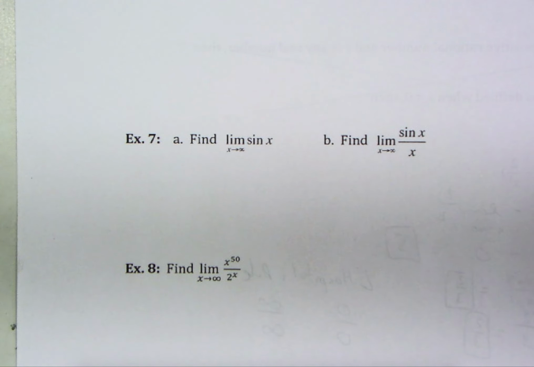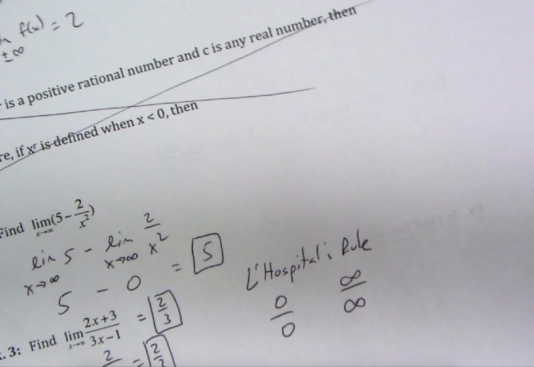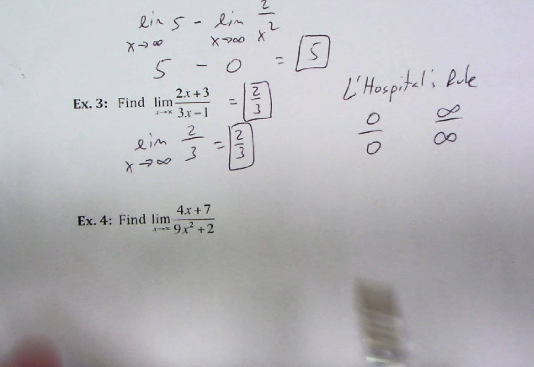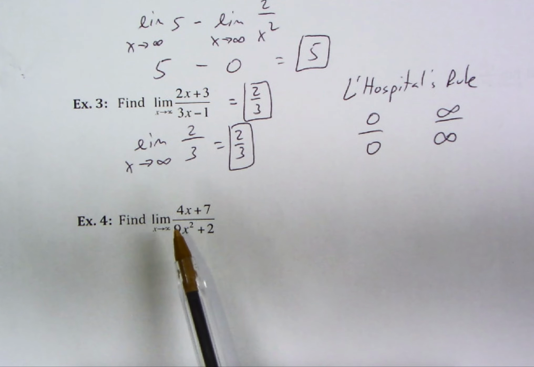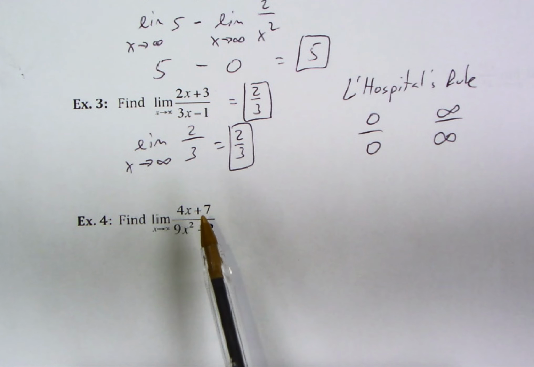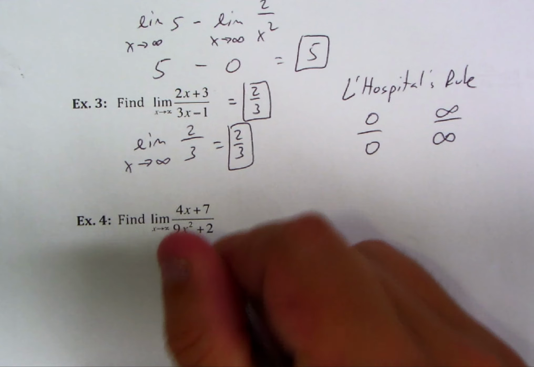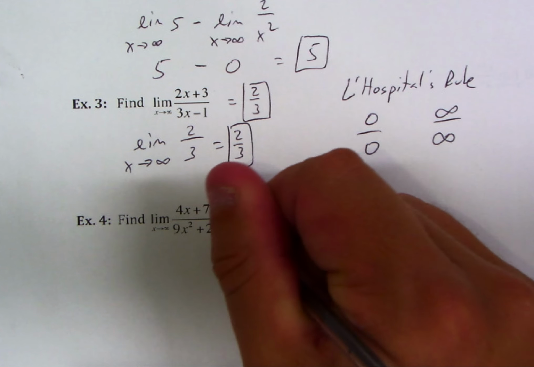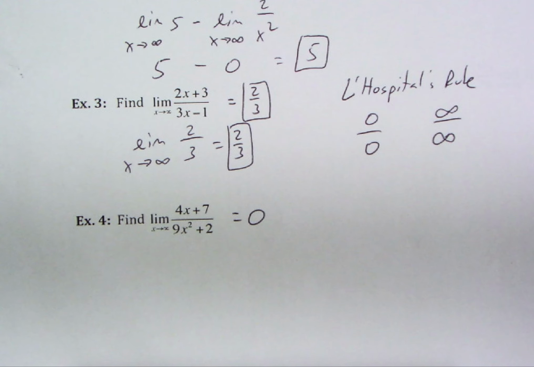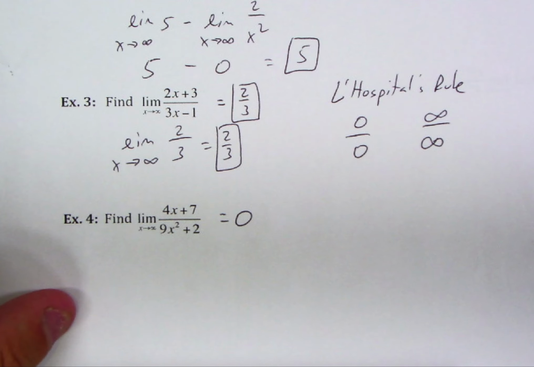Like, which one dominates the other? I know that sounds weird to say, but this bottom number is going to eventually dominate the top number. And so that's why if the bottom number is gigantic compared to the top, we get 0. But again, if your bottom degree is bigger than the top degree, your horizontal asymptote is 0.